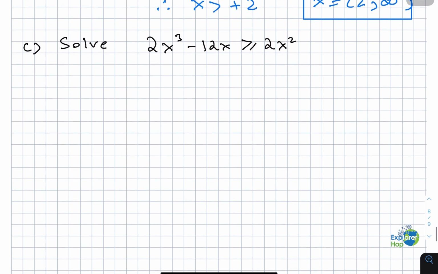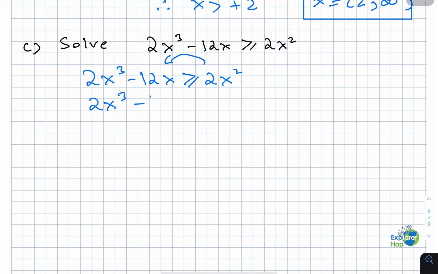So part C looks a bit more difficult and complicated, but I can assure you it's not that difficult. We can just initially solve this like a regular inequality. Let's move 2x squared to this side. This gives us 2x cubed minus 2x squared minus 12x is greater than or equal to 0.